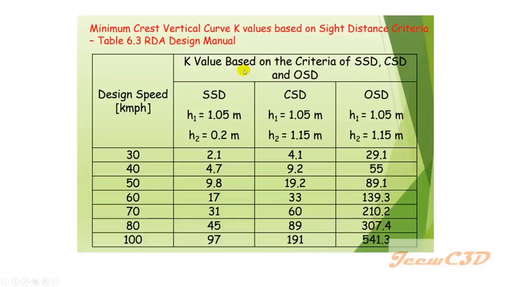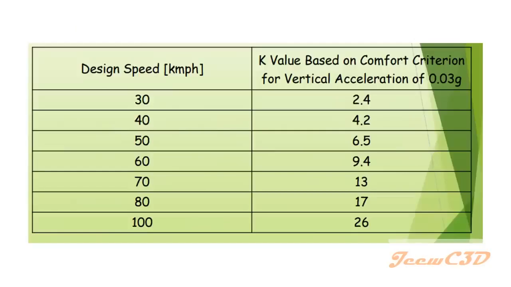We are looking only at this SSD, or stopping sight distance, criteria. So your K value should be greater than 17. Then for crest curves, you have the comfort criteria, where the K value should be 9.4.